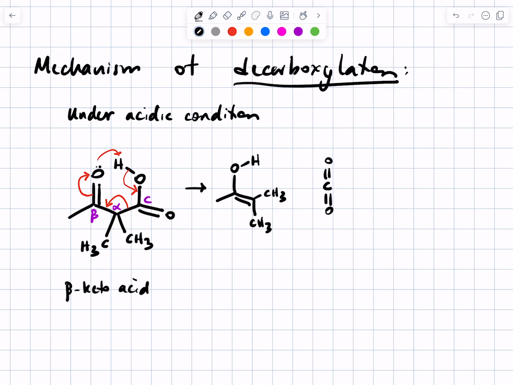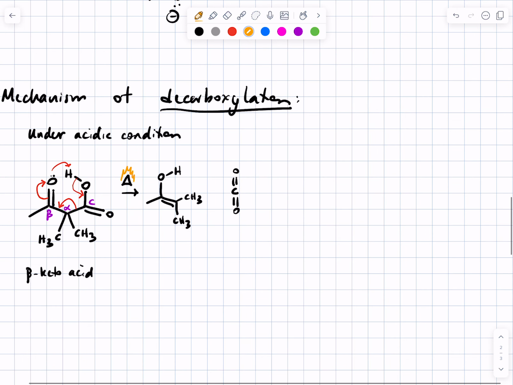It sort of occurs in a cycle, and it's not totally clear what the initiating factor is. Really, as I said, under acidic conditions, you need heat to make this thing happen. I want to show you decarboxylation under basic conditions because that will give you a better feel for what's going on and where the process gets started.